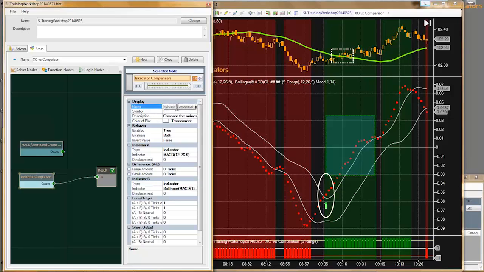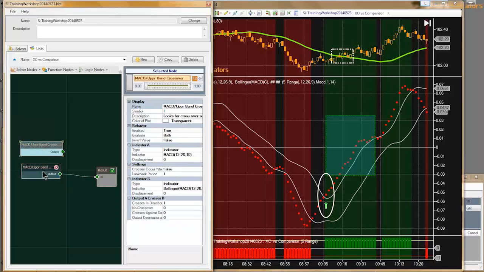And this solver is the same thing. Alright. So these solvers essentially have the same name, except one's the crossover and one's the comparison.